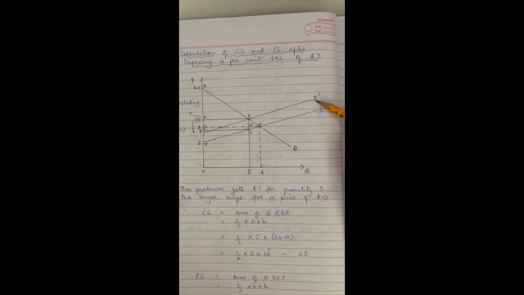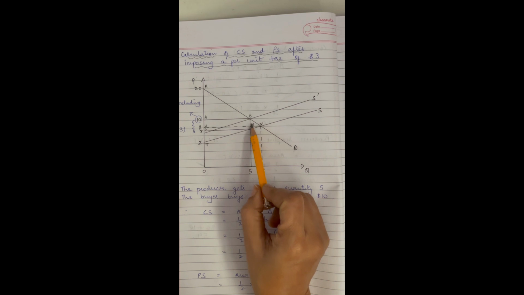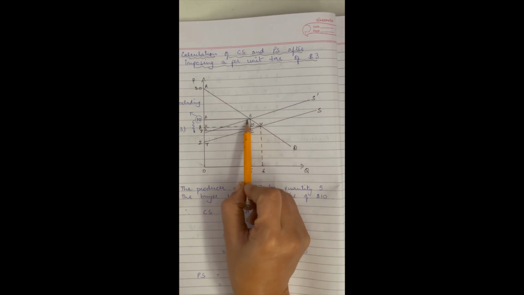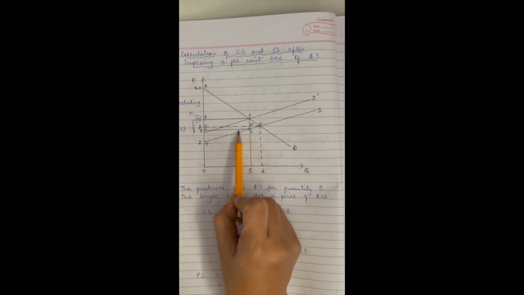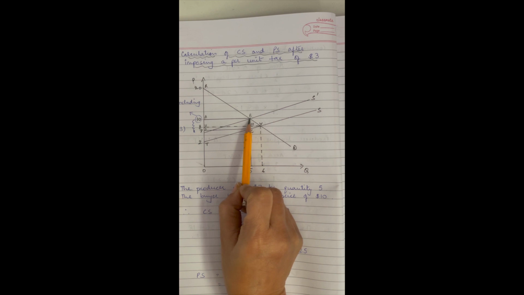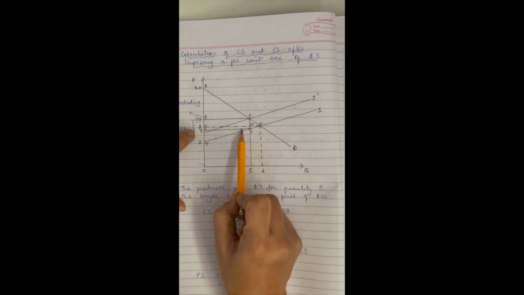So this shift is your $3 shift. I draw a horizontal line from there, and I draw a horizontal line from there as well, from the lower part and from the upper part. So this is the vertical shift.